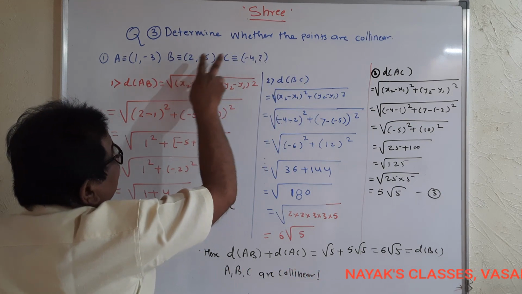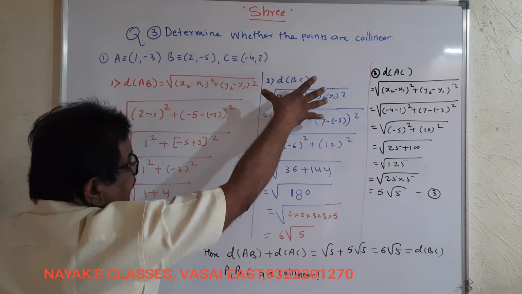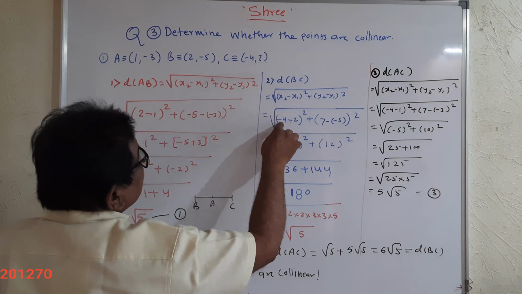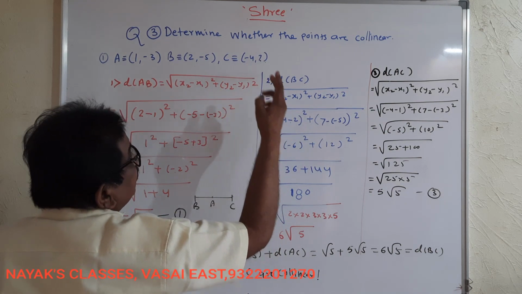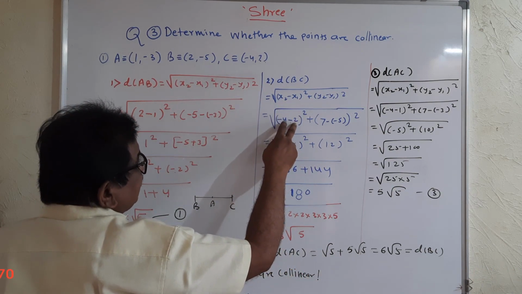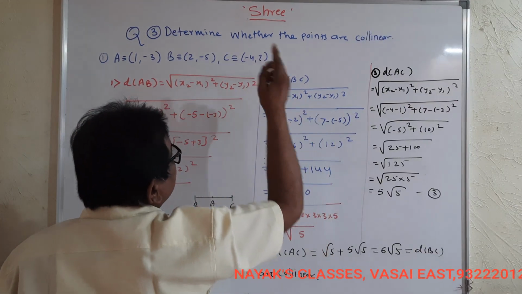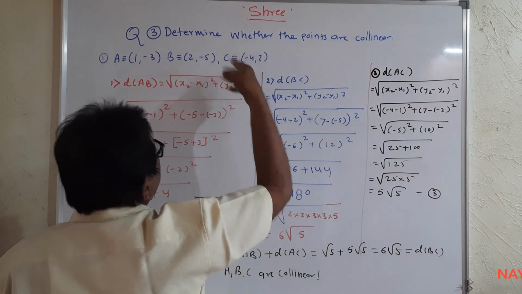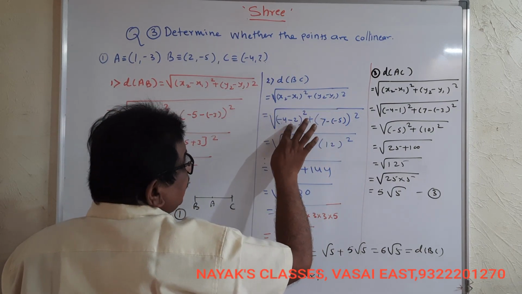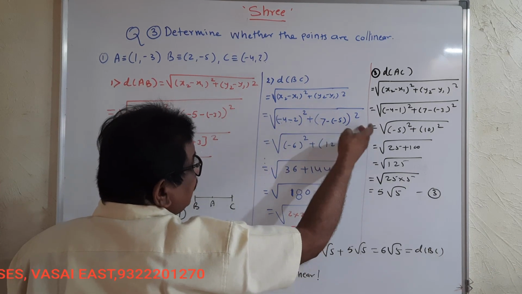After putting the values, x2 is minus 4 minus 2, that is x1, so (x2 minus x1) the whole square, then y2 is 7 minus 5, so (y2 minus y1) the whole square.